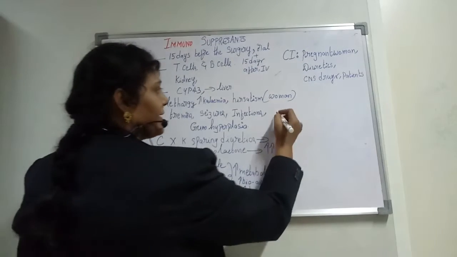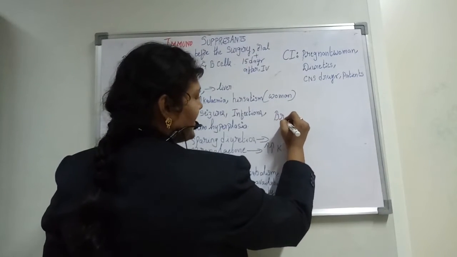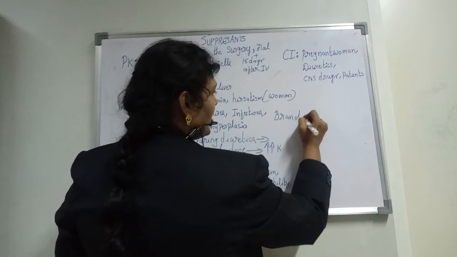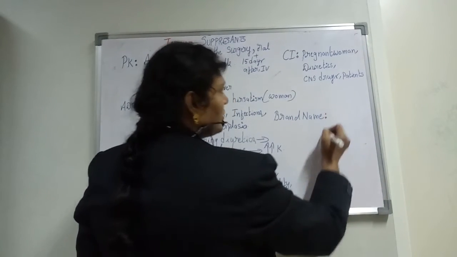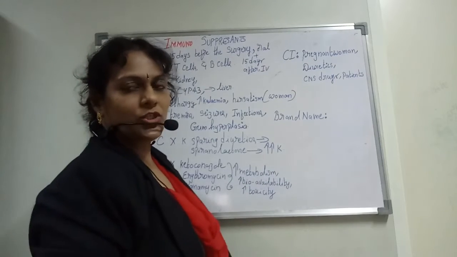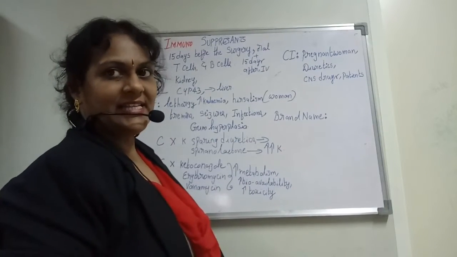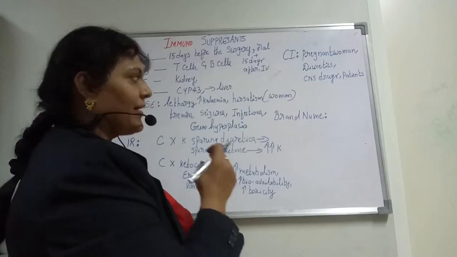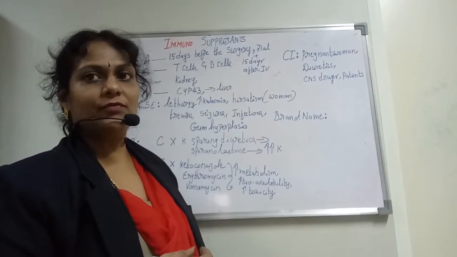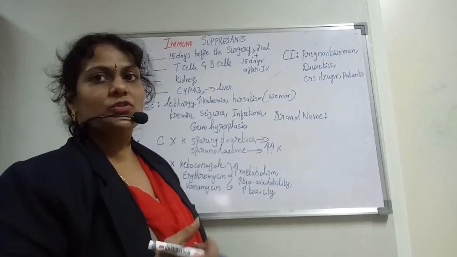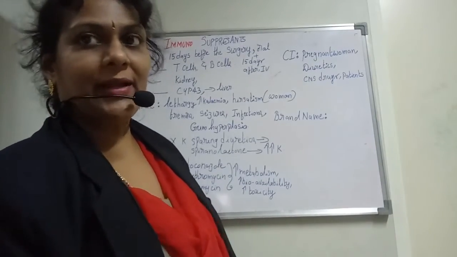And now we'll come to the final part, the brand name, and what it is available in the market, in what name it is indicated. We know that cyclosporine is a chemical constituent, the AC, nothing but the active constituent, but it is not available the same in the market. It has to be taken in other forms called brand names, which are produced by different drug companies.